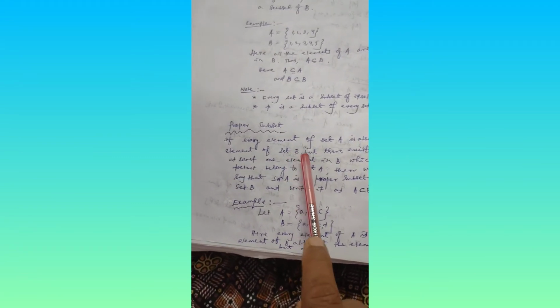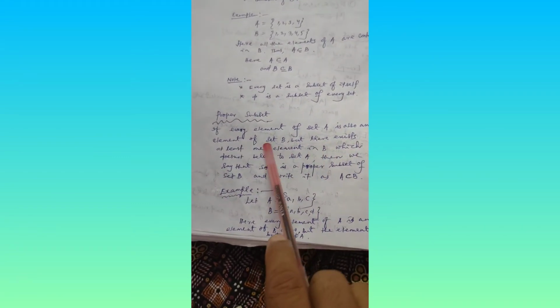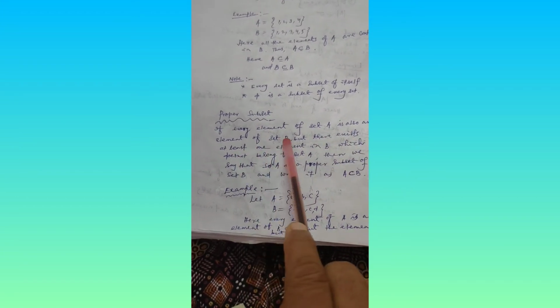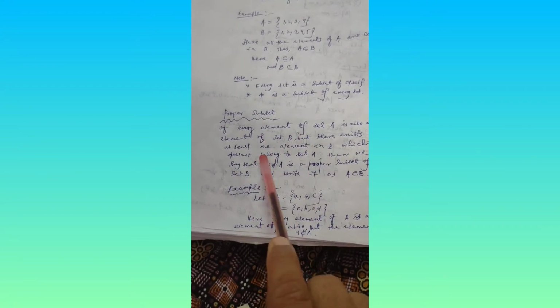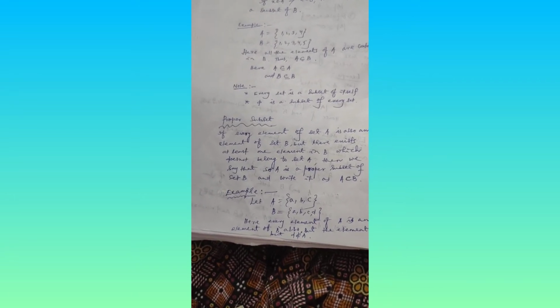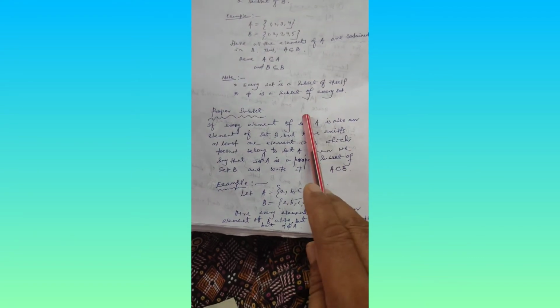Another type of set is the proper subset. If every element of set A is also an element of set B, but there exists at least one element in B which is not in A, then we say that A is a proper subset of B, and we write it as A, proper subset symbol, B. We consider an example.